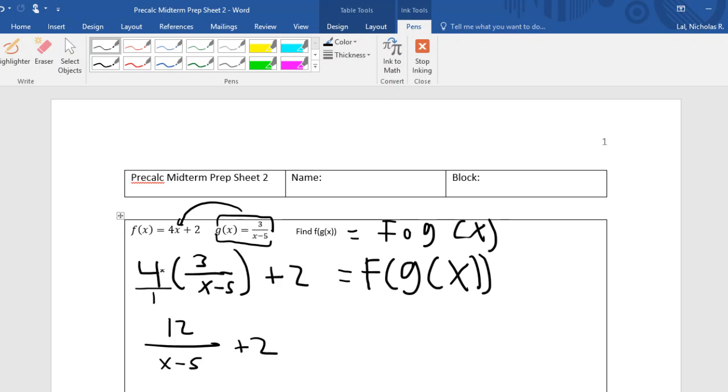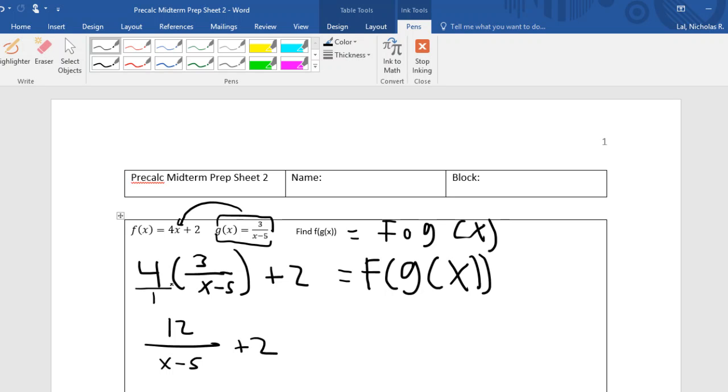When you multiply, x minus 5 times 1 is x minus 5. So this is how you multiply: 2/3 times 4. 4 times 2 is not 8.